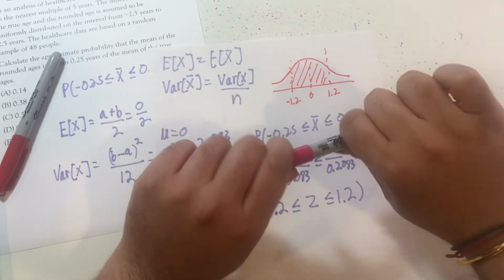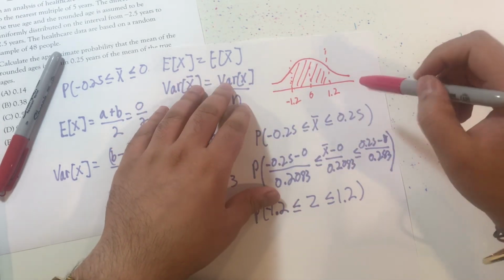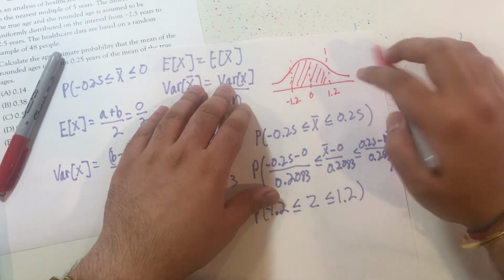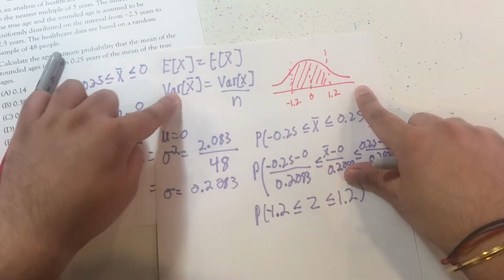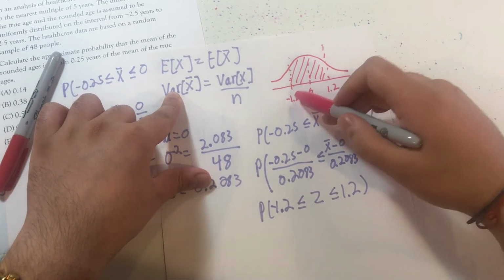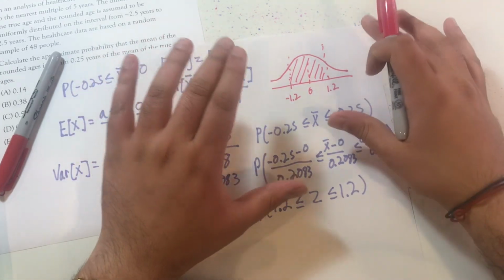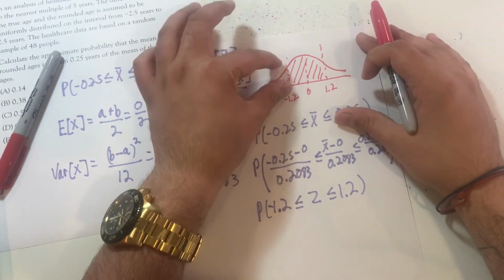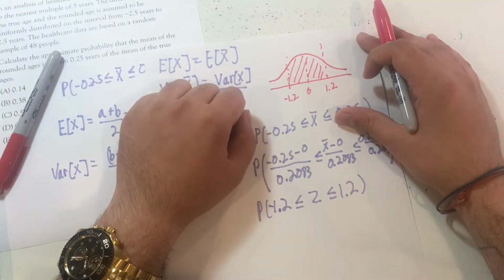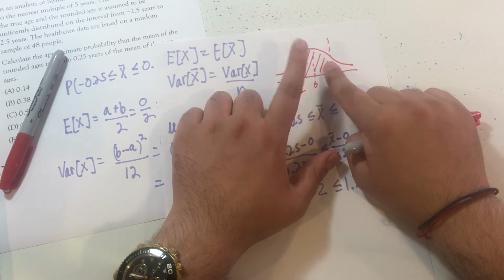Now, what the z table is actually going to get me is if I look up 1.2, I'm going to get the area of everything behind 1.2. If I use it for negative 1.2, I'll get everything behind negative 1.2. So the idea is, let me get those values and take away all the area behind negative 1.2, because that should leave me with the area in between these 2 points.